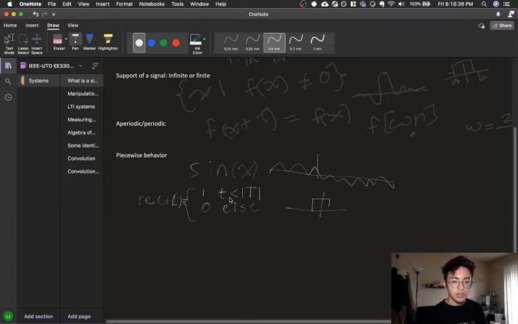Like this rectangle function, which is 1 between the boundaries t and negative t, can be written equivalently as u(t minus tau) minus u(negative t minus tau).